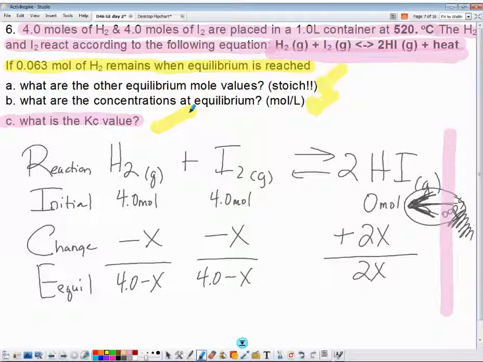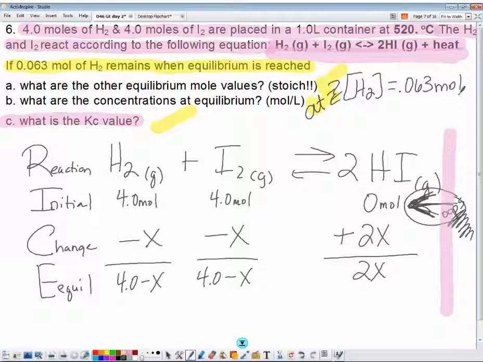I never promised it would be a rose garden and easy, did I? But the ice chart is our saving grace for the next 4 chapters, including this one. Okay? What did they give me? Moles of who? Oh, they said at equilibrium, the concentration of H2 is 0.063 moles per 1 liter, because the volume hasn't changed.